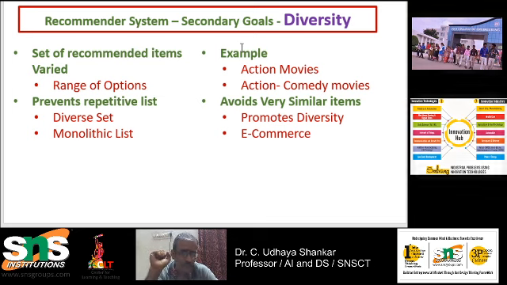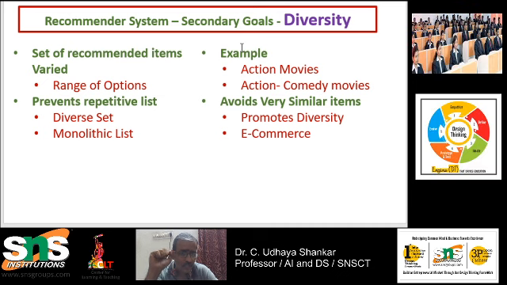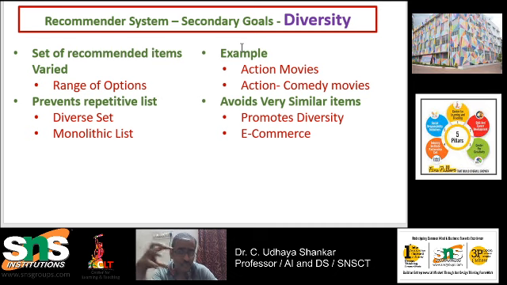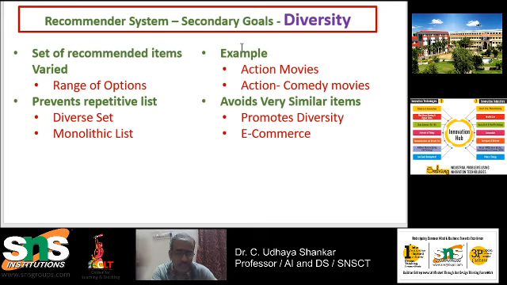Diversity is the extent to which the recommended items are varied in nature. How we show the variations is called diversity. Is it clear?